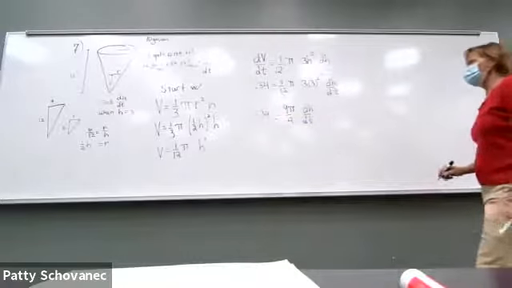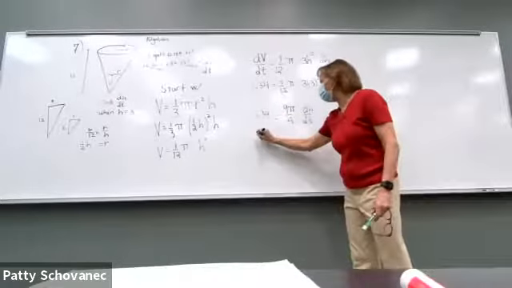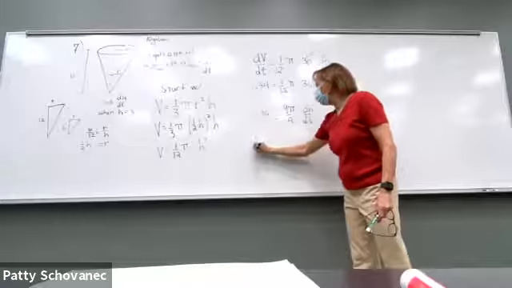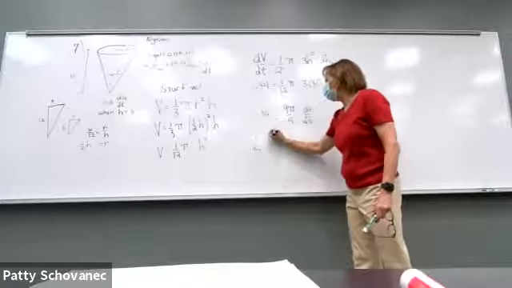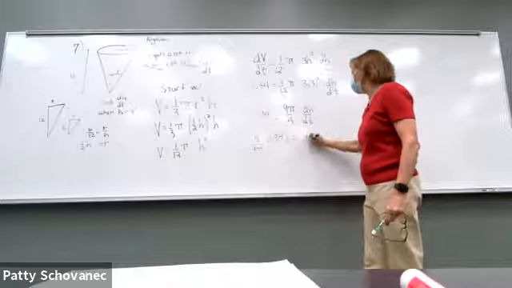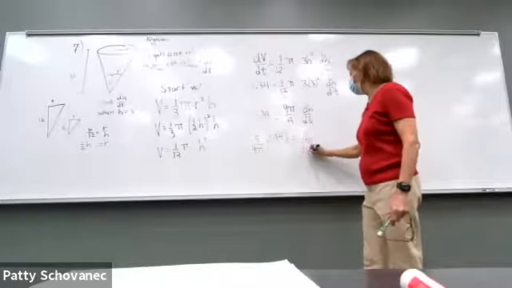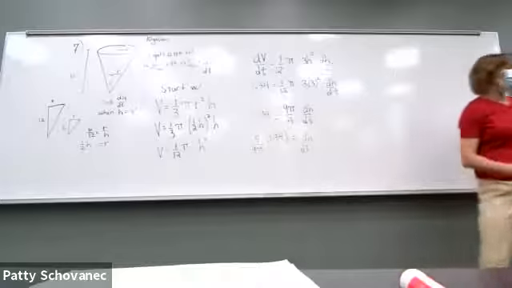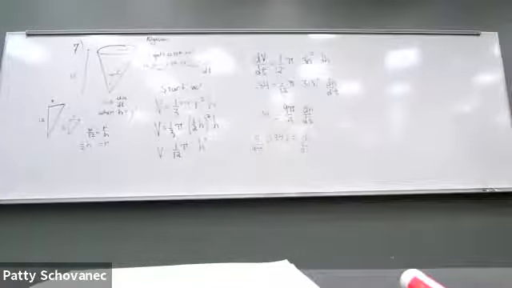So multiply by 4, divide by 9 pi, and we should have it. I don't know what these numbers are. That's a positive number, which says that the water level is rising at that many feet per minute.